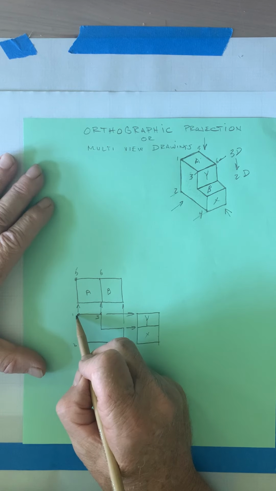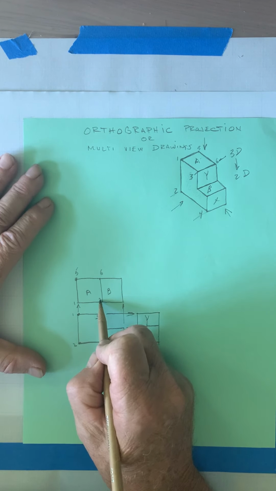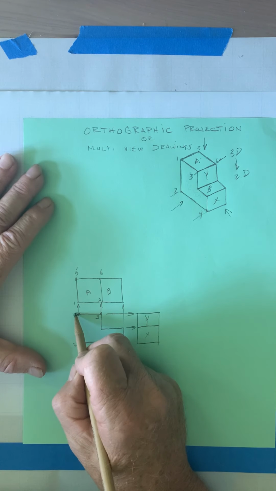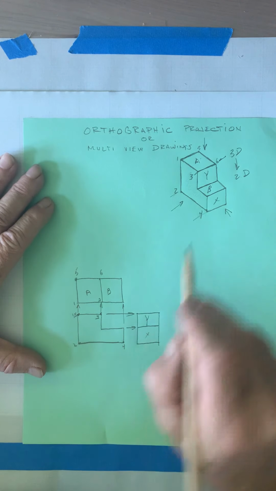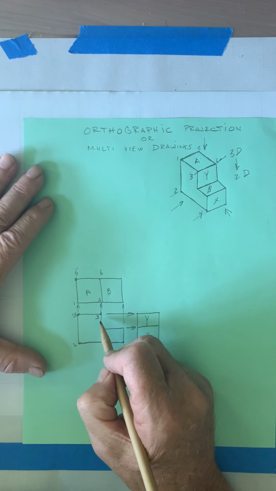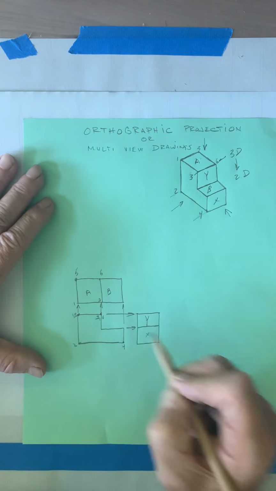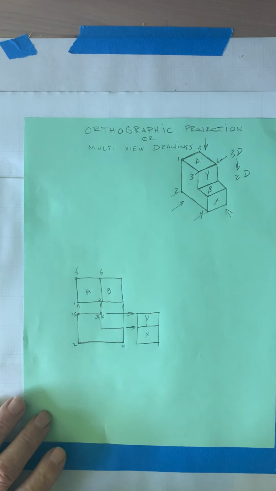And this corner right here is 1 here and 3 here. And in the front, it's actually 1, 5. 1's in the front, 5's behind it. This one right here would need to be 3, 6. That's kind of a small drawing and real tight information, but that's where it is.